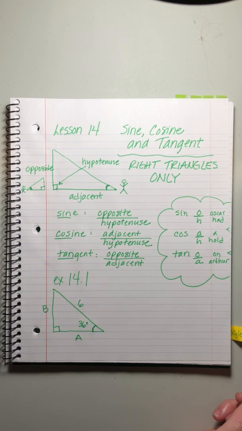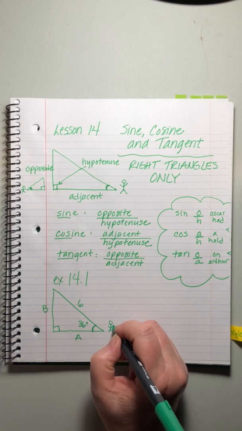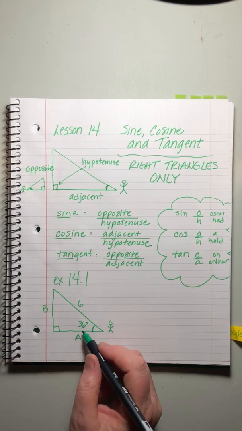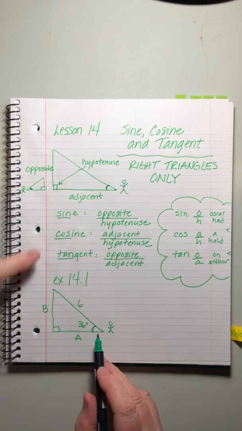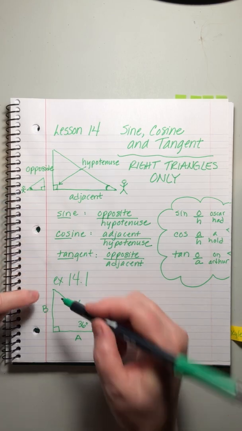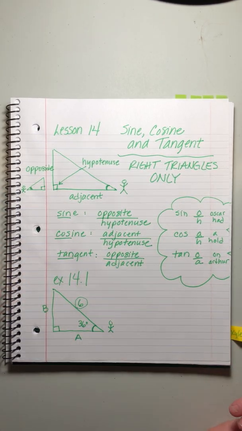All right, so we orient ourselves. We're standing here. We see that this is a 36-degree angle. Let's start by trying to figure out what A is. A, we see, is the adjacent side, and we've been given the hypotenuse. We see the hypotenuse is 6.